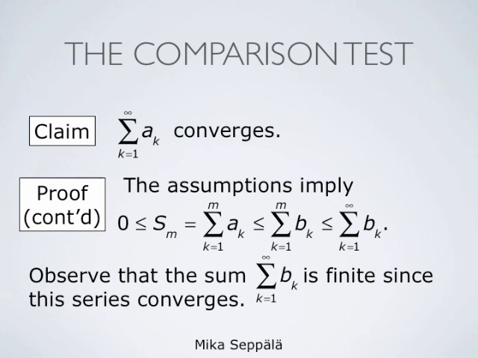Therefore, this sum is finite, and this is an upper bound for all these partial sums S_m. So we conclude that each S_m is first of all non-negative and at most summation k from 1 to infinity b_k. And here this last bound is a finite number.